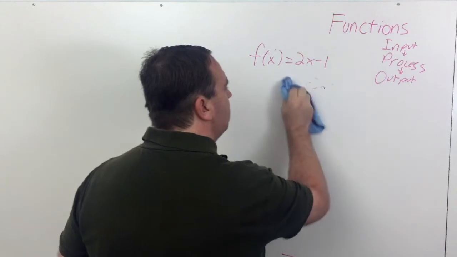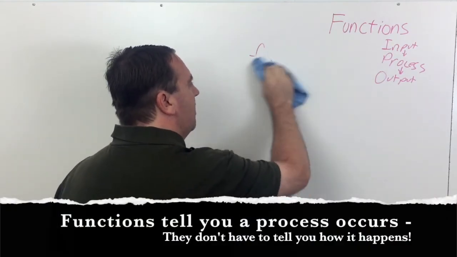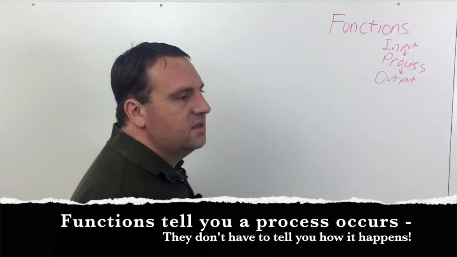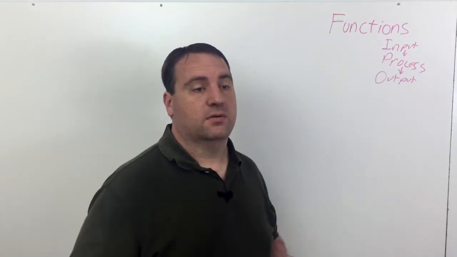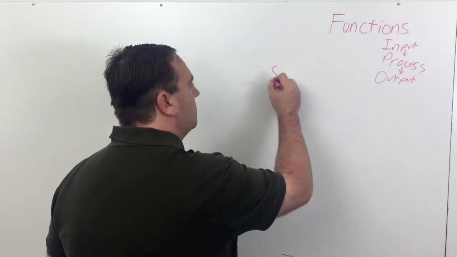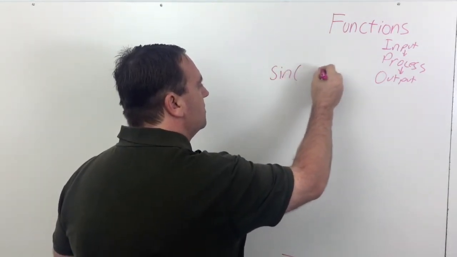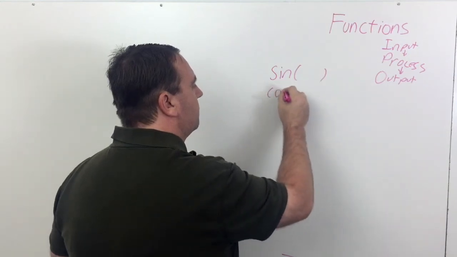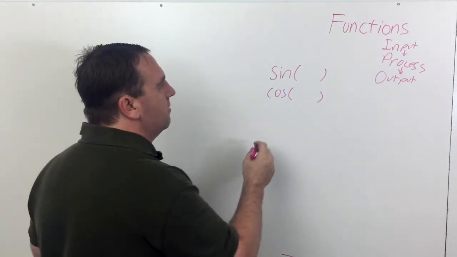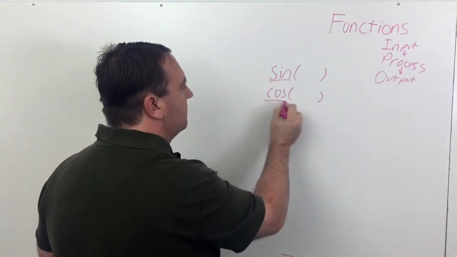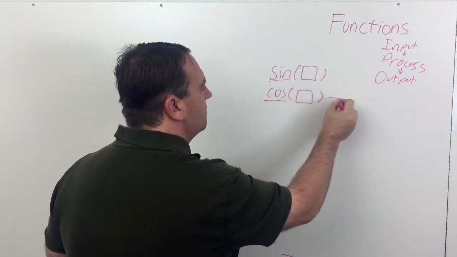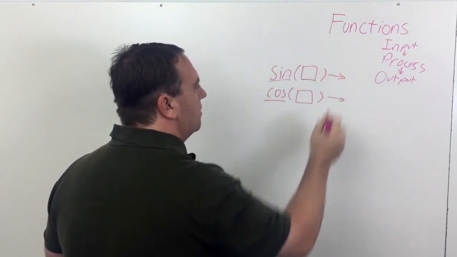Now, you can have functions that don't have formulas, because there's a lot of things in life that we understand even if we don't have a formula for. For example, sine and cosine. Okay, so you might remember these functions from trigonometry. These are the names of some functions. This is the input, and they generate an output.